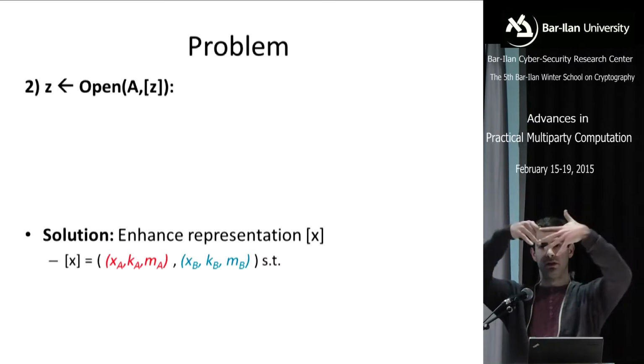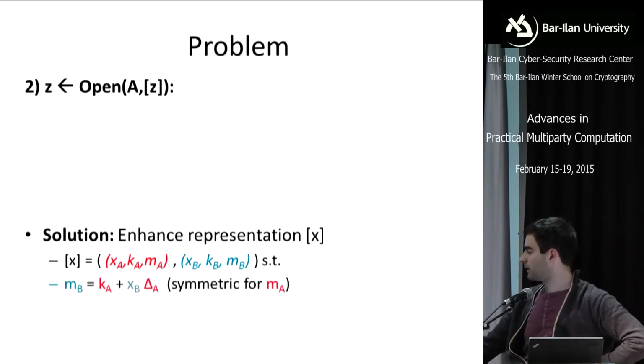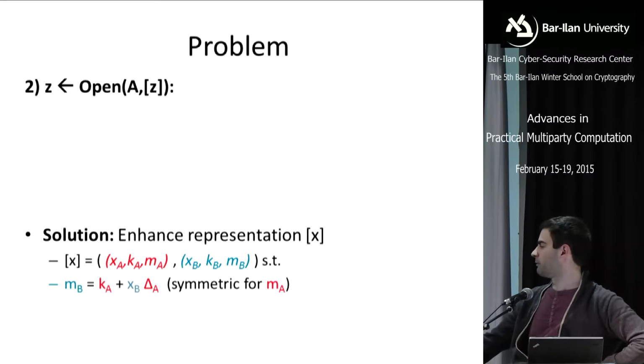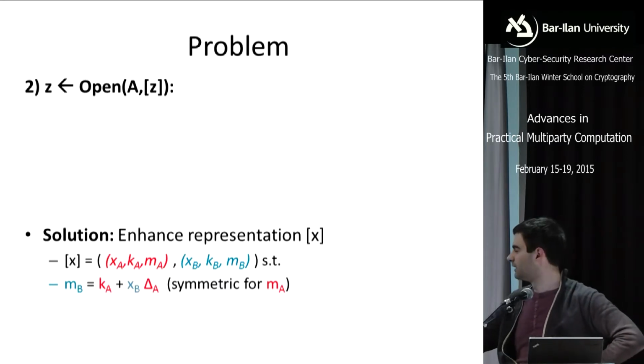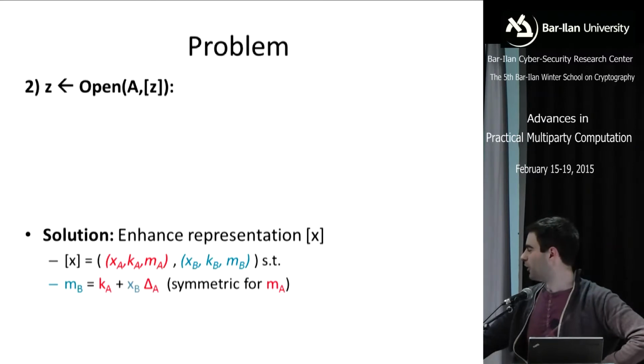How are these values all interleaved together? The MAC that Bob gets, MB, particular to this value X, is computed as before, AX plus B. In this case, A is called delta and B is called K. But it's the same, so the MAC is still exactly of the same form as before.